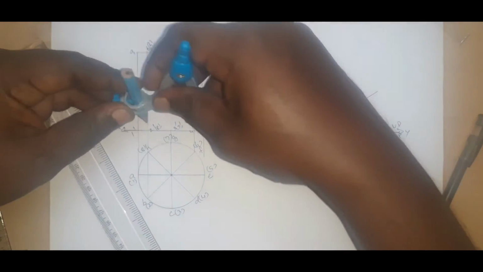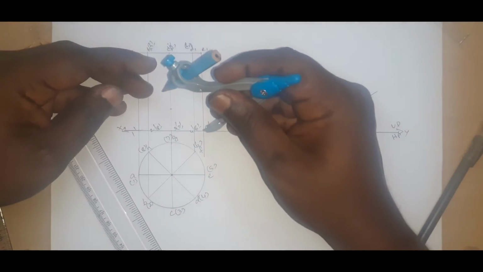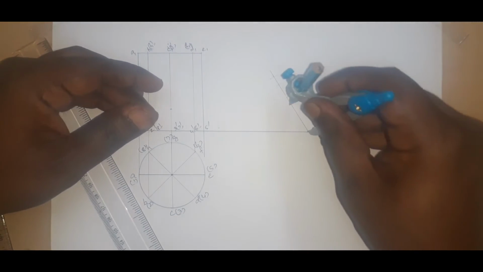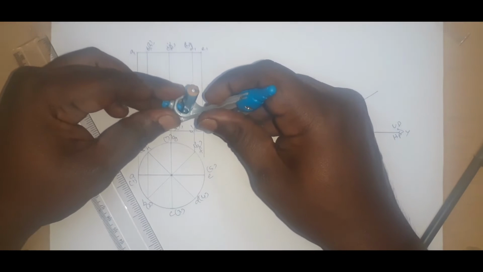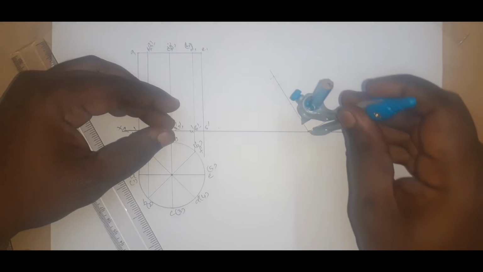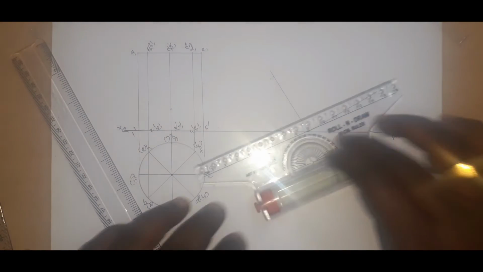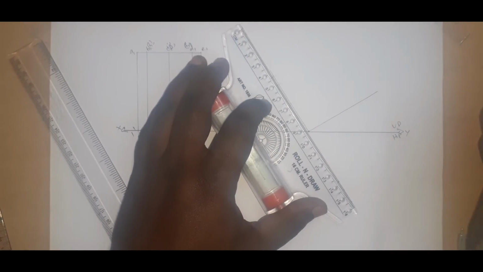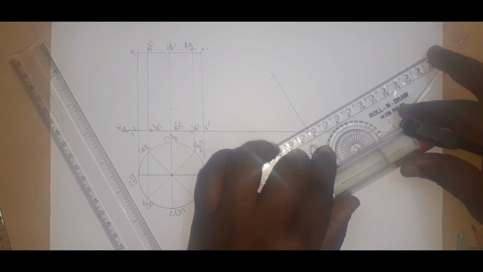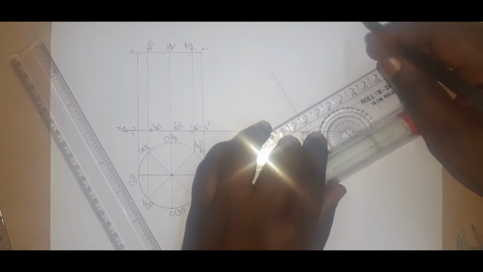Next, I'm measuring here and making the same mark here. Next, here. So this is the way. Now you can draw the lines. I'll finish it here. I'll draw the rough line.